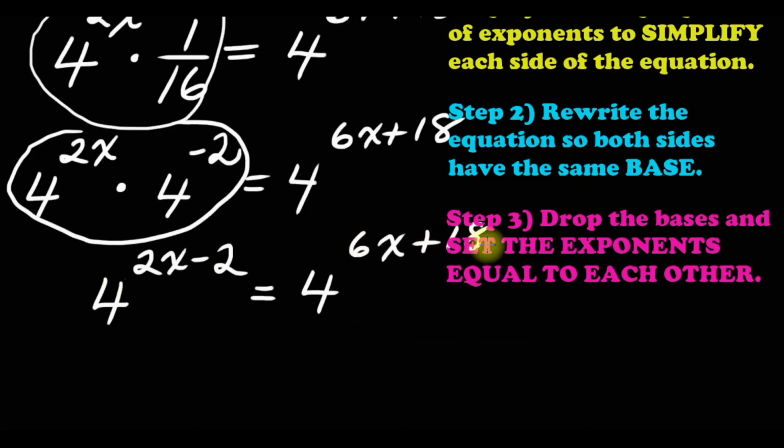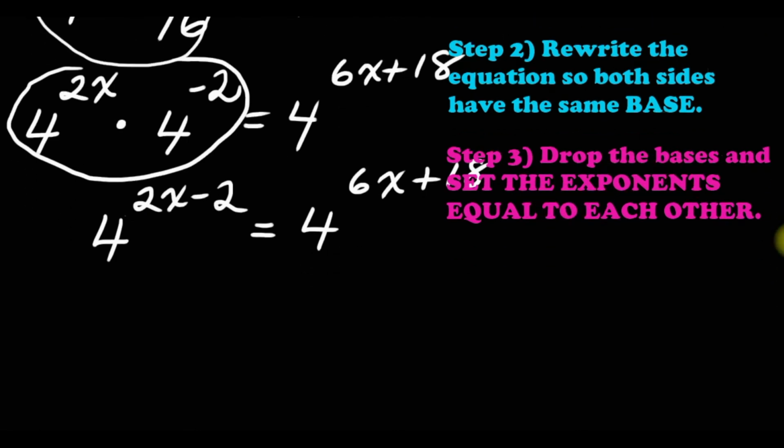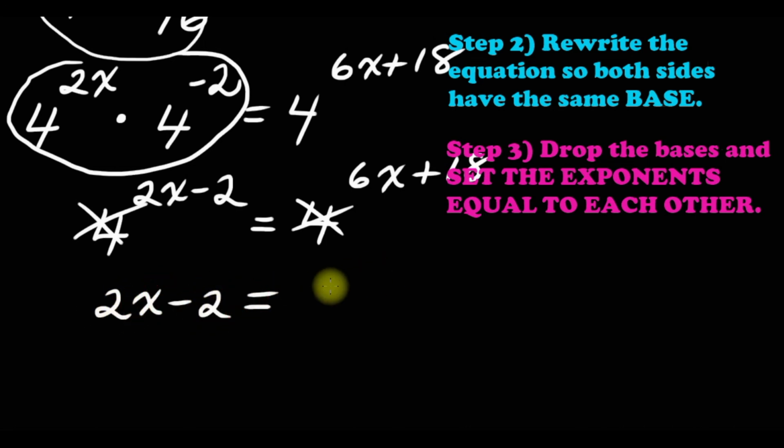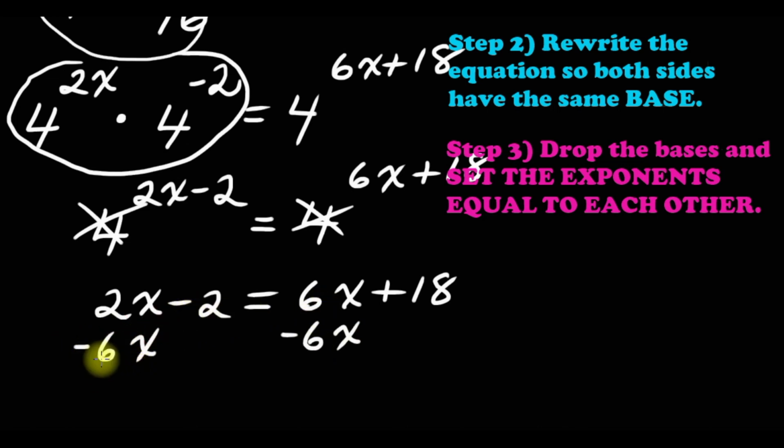And then step 3 is to drop the bases and set the exponents equal to each other. So we're going to drop the 4. Okay, and then we set the exponents: 2x minus 2 equals 6x plus 18. Solve for x. I have to get the x on the same side, so take away 6x and take away 6x.